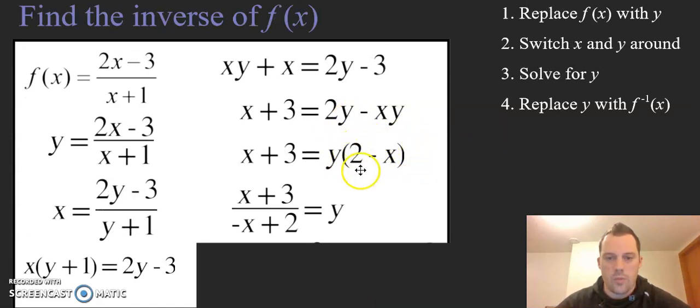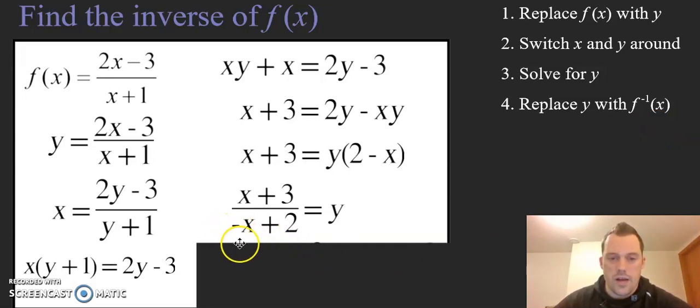Again, we want binomials to have the x term first and, if possible, be positive. So if we just flip this around, we can write it as negative x plus 2. So that's what I have here. So you could have this, but again, it's kind of nice to have a positive x there. So we can change this to the inverse notation.